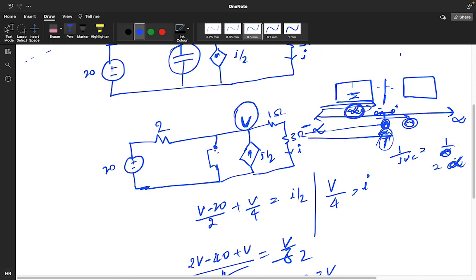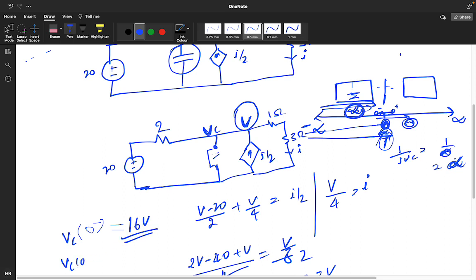Means this capacitor, this is a capacitor which is open. So VC is also 16 volt. Right. So VC from minus infinite to 0, that means VC of 0 minus you got as how much? 16 volt.